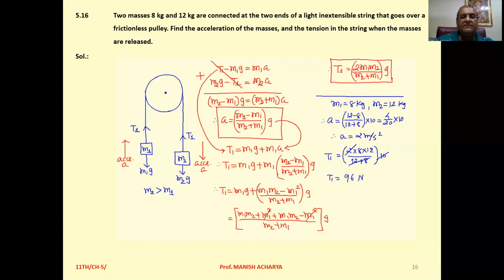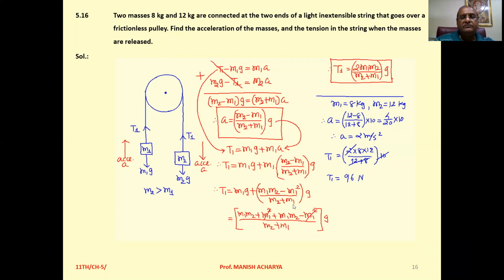So T1 equals M1g plus M1 into (M2 minus M1) upon (M2 plus M1), whole thing into g. Therefore, T1 equals M1g, and now take this M1 inside the bracket. So (M1M2 minus M1 square) upon (M2 plus M1) into g.